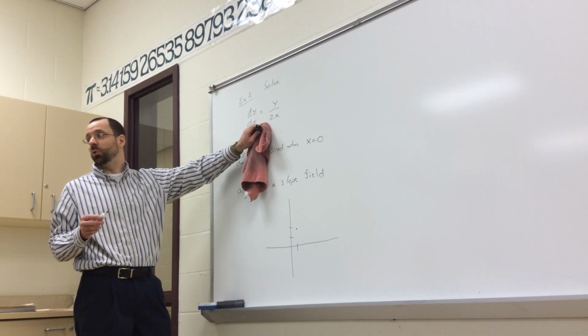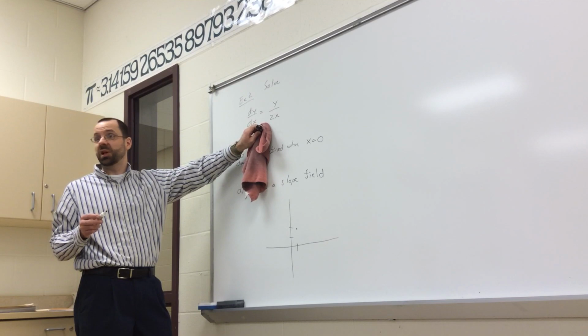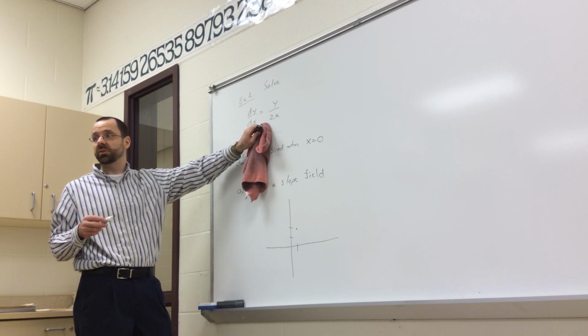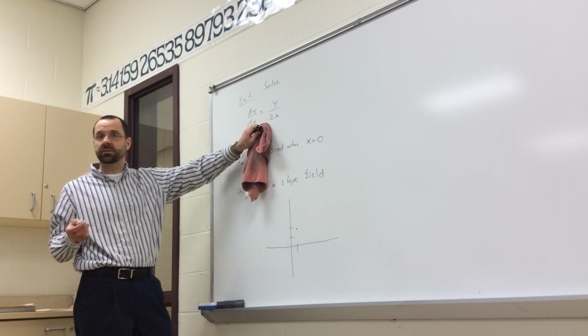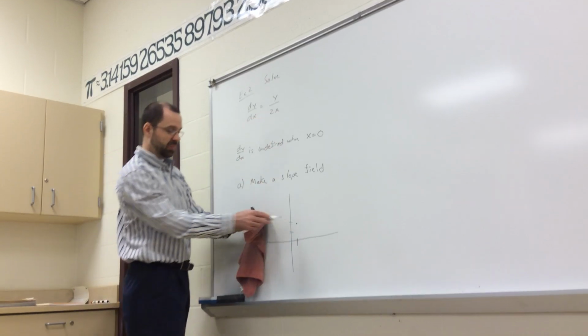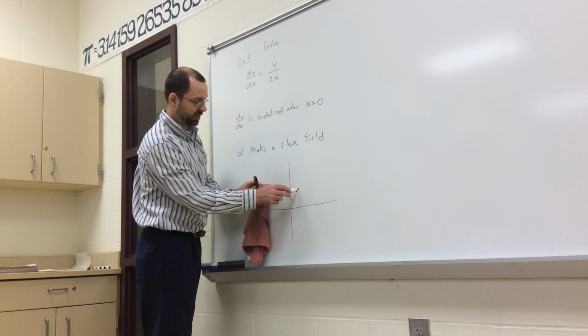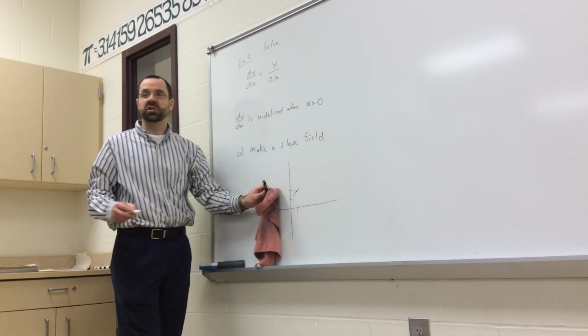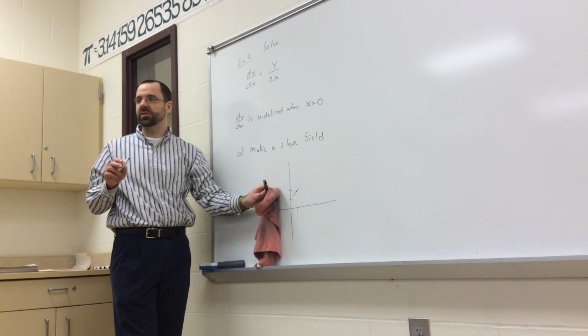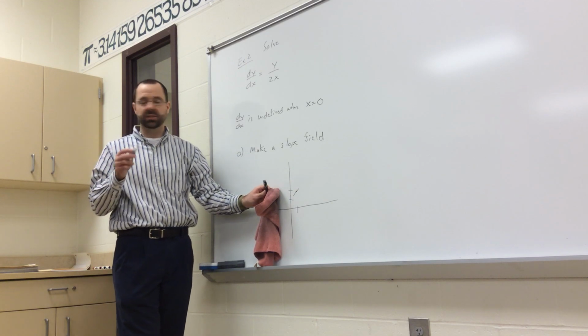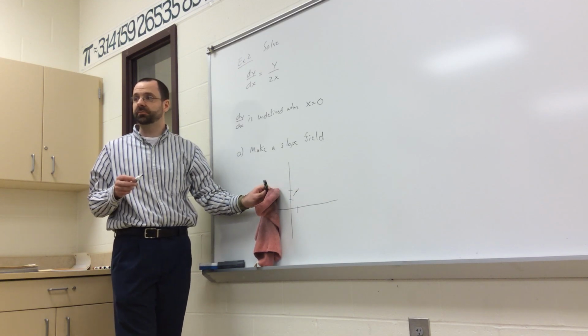So that'll be 2 divided by 2 times 1. So 2 divided by 2, which is 1. So the slope there is 1. So that means you need to draw a little tick mark that has a slope of 1. The slope of 1 is a 45-degree angle. So you don't have to be exact, but get as close to 45 as you can.